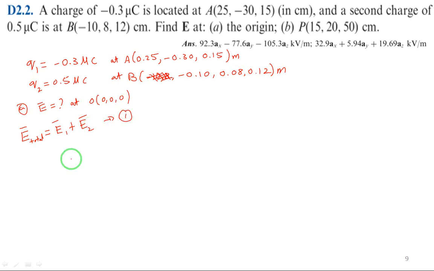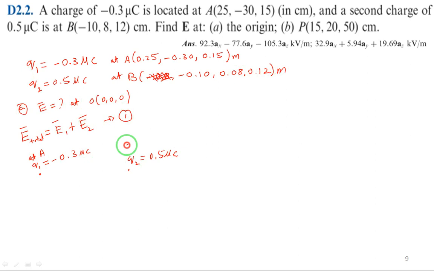We will try to draw the diagram so that it will be clear. This is Q1, which is minus 0.3 microcoulomb, located at point A. I am not writing the coordinates of A. And another point B, where charge Q2 is located, Q2 equal to 0.5 microcoulombs.